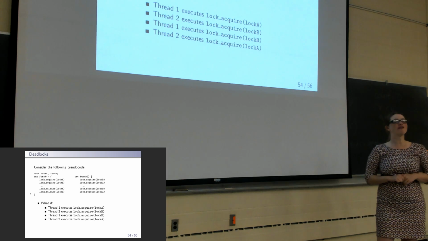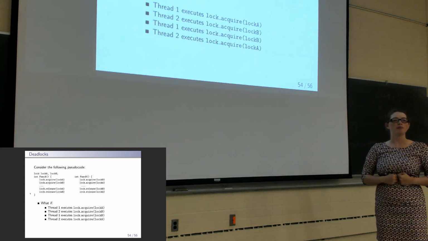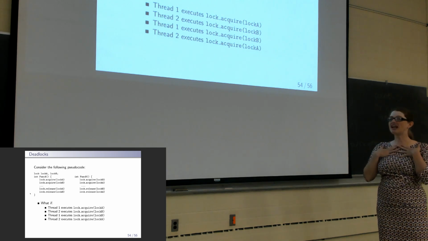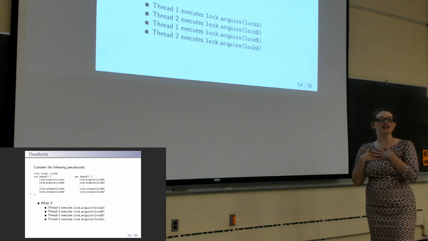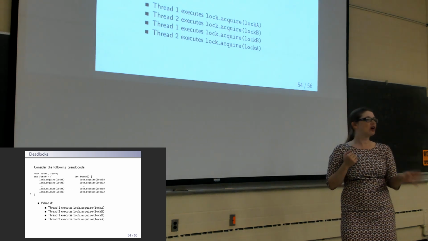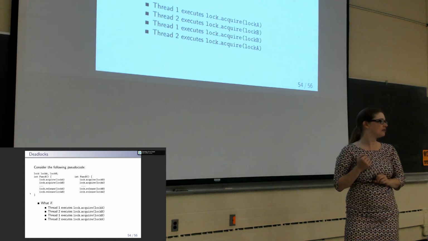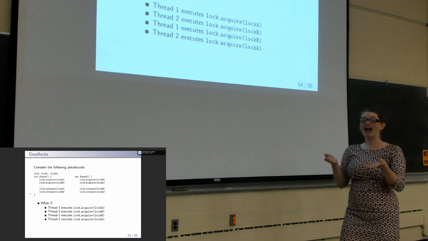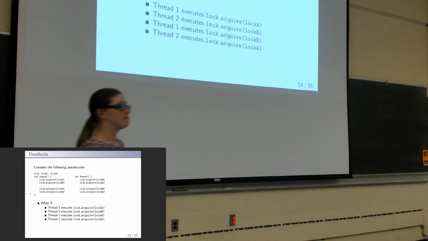So think about this order of execution. Let's say A goes first and it acquires lock A. So it has lock A, and before it can try to acquire lock B, there's a context switch. Remember, you have no control over where context switches occur. They can happen anywhere.